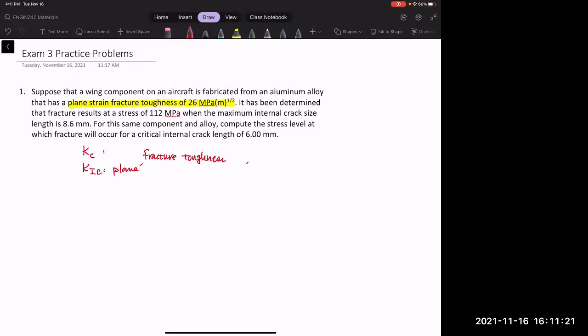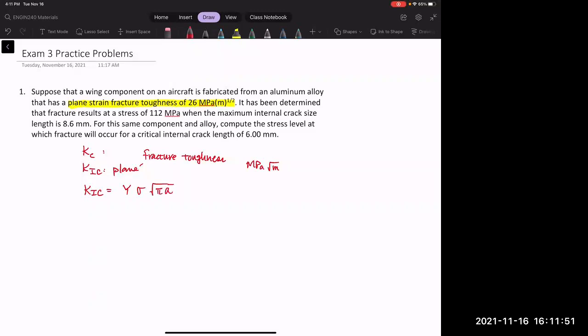Their unit is MPa square root of m. So that's the unit for these 2. And you got this number, so let's look at what this equation looks like. This is equation 8.5: K1C is equal to Y times sigma times square root of pi times a.